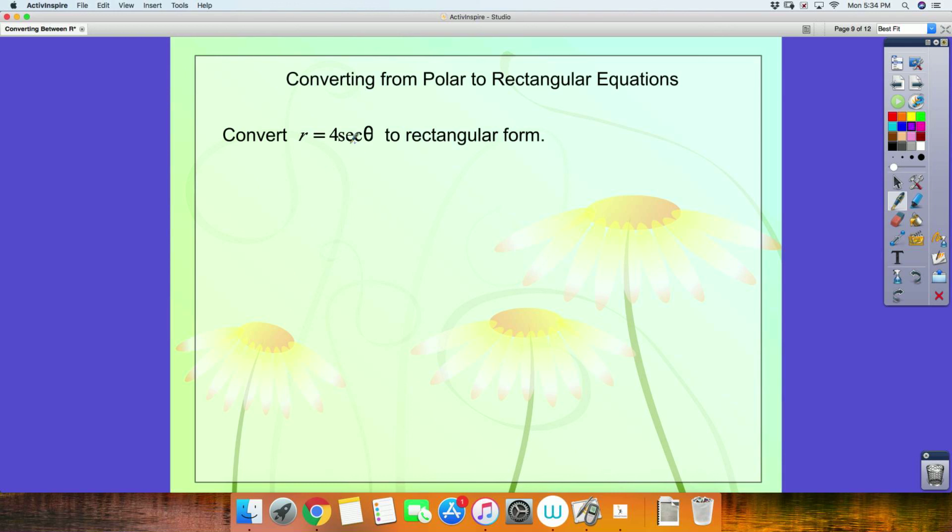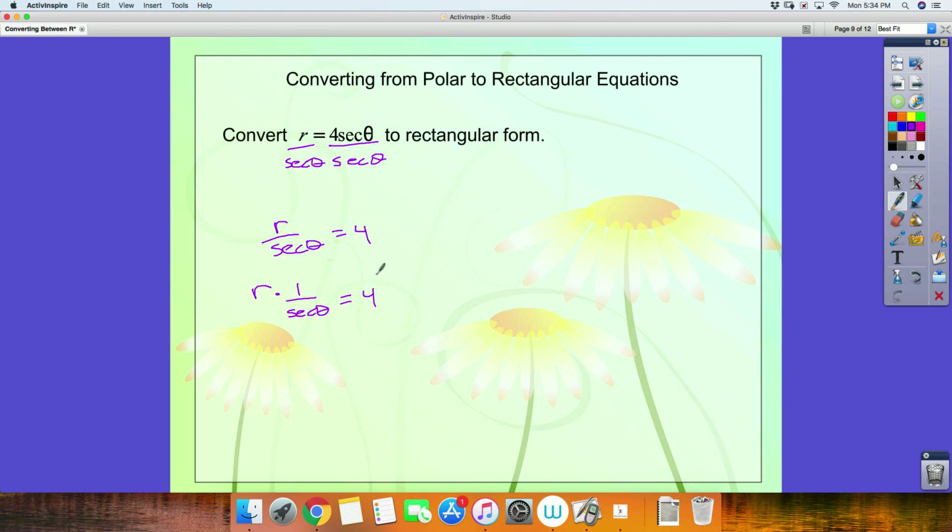I'm going to divide both sides by secant theta, and that gives me r over secant theta equals 4. Remember, that's the same as saying r times 1 over secant theta equals 4.